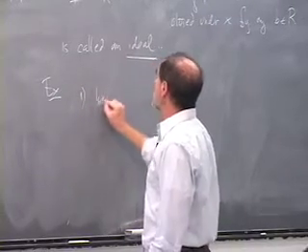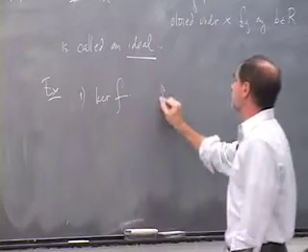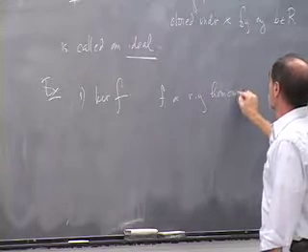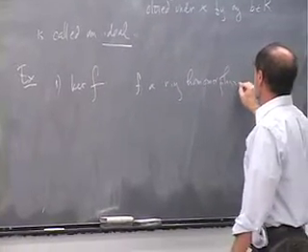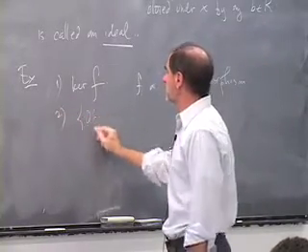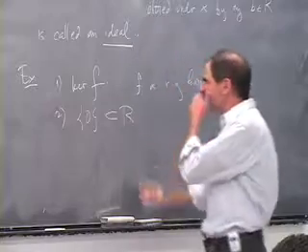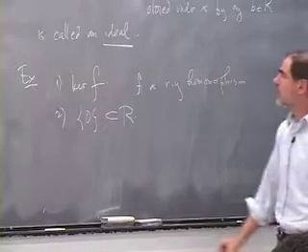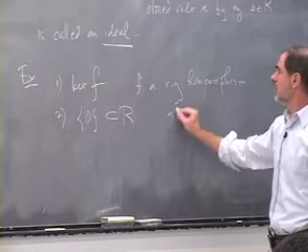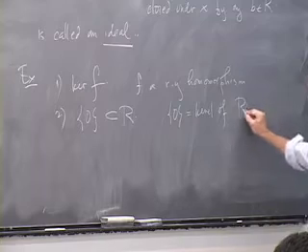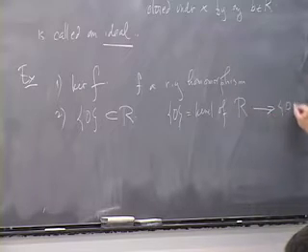1, any kernel of a homomorphism. 2, the 0 set is an ideal. It's the kernel of a homomorphism that takes everything in R to 0, the 0 ring.